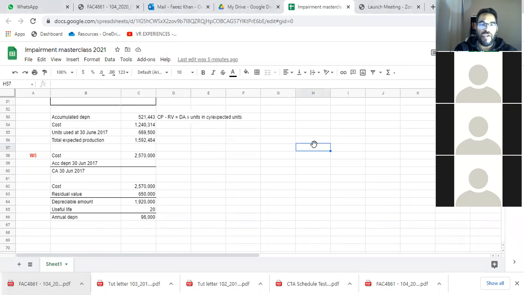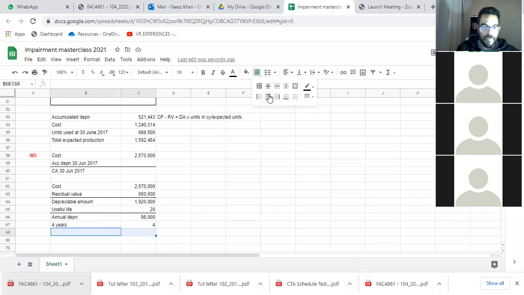From 1 July 2013 up until 30th June 2017 is 4 years: 2014, 2015, 2016, 2017. So we put in 4, and that will give us accumulated depreciation, which is going to be 96,000 times 4.